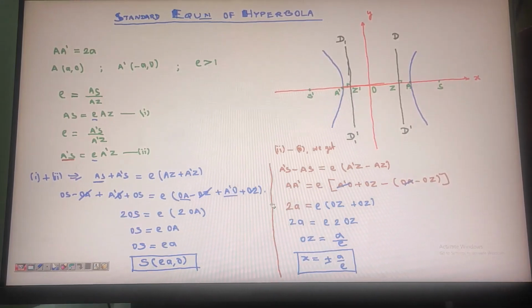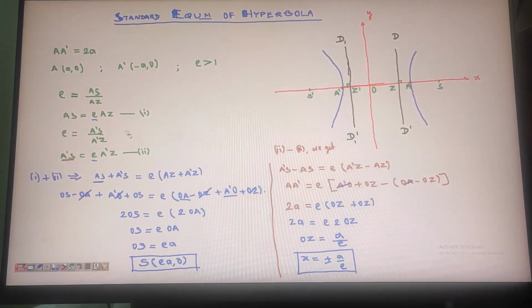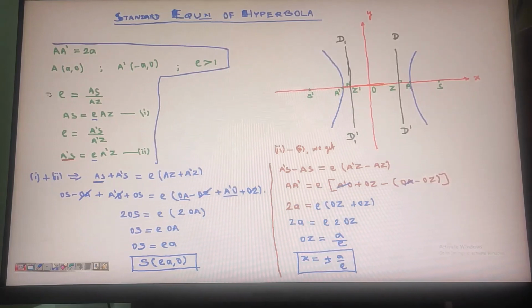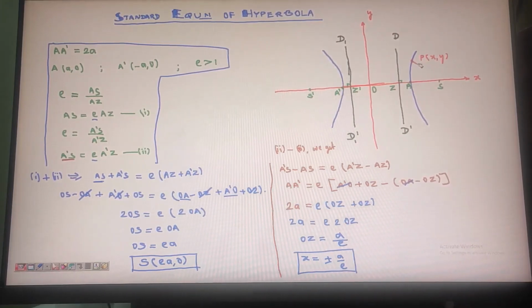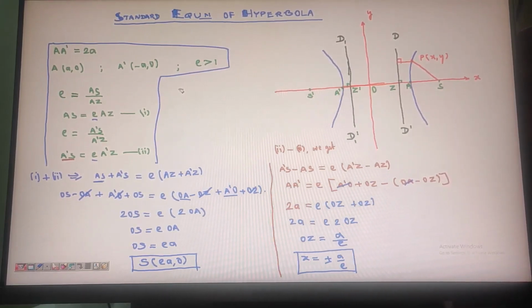So once we know this, it is very easy for us to derive the equation using the definitions, right? Okay, let me change the color now. I will take any point here. I am taking this as P, any general, arbitrary point x comma y, and I will join this and drop a perpendicular on this.